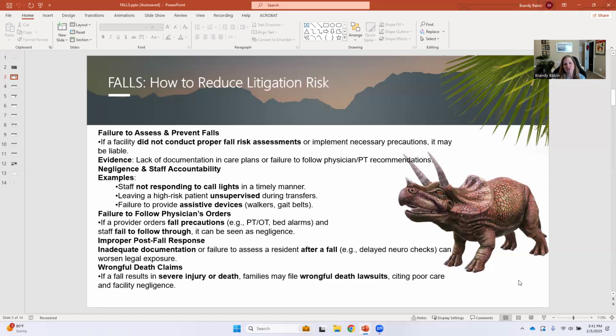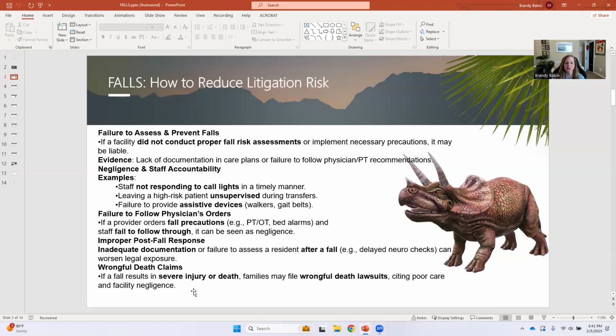Would a nurse practitioner in a nursing facility do the same exact thing? That's a fall response. So adequate documentation is what backs up that we did the right thing, but inadequate documentation or failure to assess a patient after a fall can worsen the legal exposure.